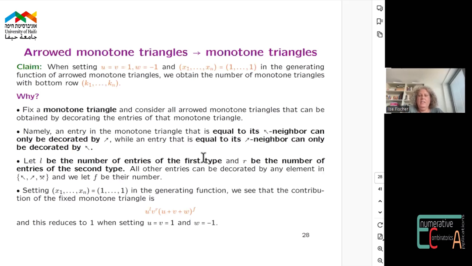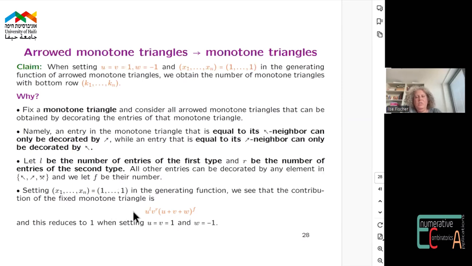The other type is when an entry is equal to its northeast neighbor, then it can only be decorated by a left arrow. And then there are the others that are neither equal to the left top nor the right top neighbor, and those you can decorate with whatever you want. Let L, R, and F denote the numbers of these particular entries in your monotone triangle.